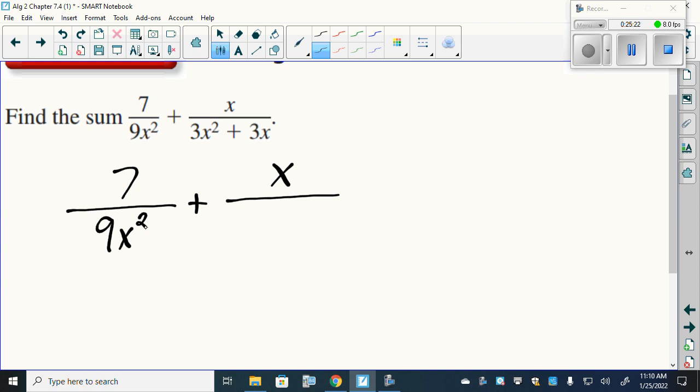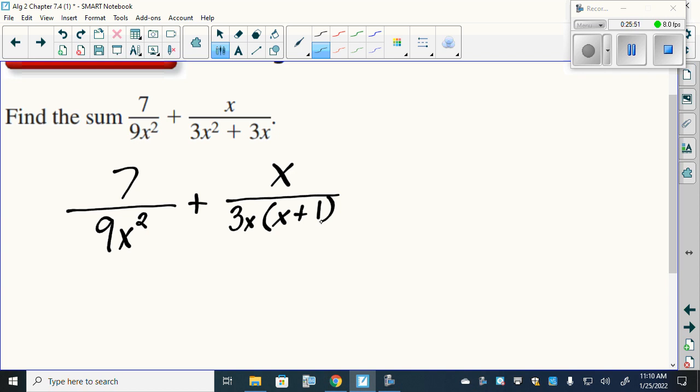By factoring out 3x, because 3x squared and 3x both have a greatest common factor of 3x. And if we factor that out, 3 out of 3x squared would just give us 1. X out of x squared is x. So 3x factored out of 3x squared gives us x plus 1, because the 3x factors out completely, leaving us with 1. 3x divided by 3x would be 1.